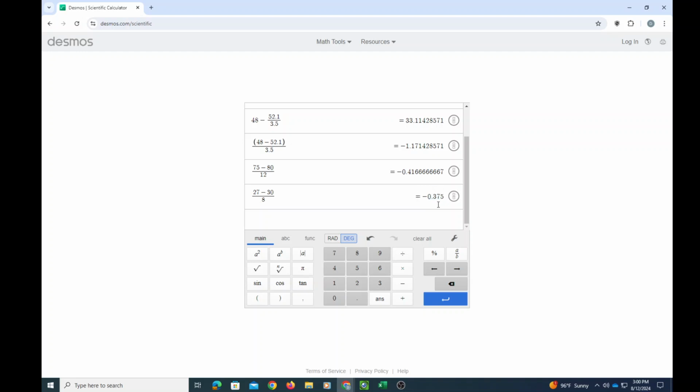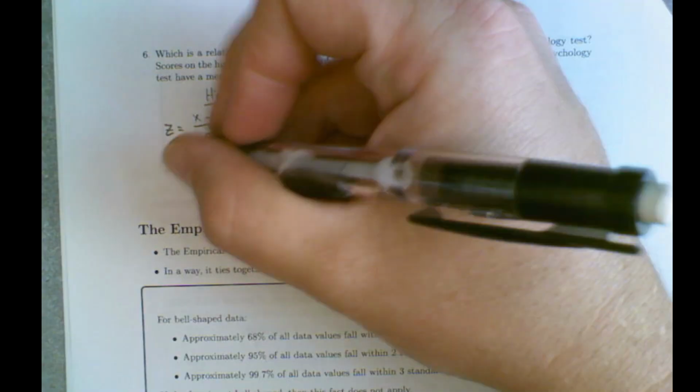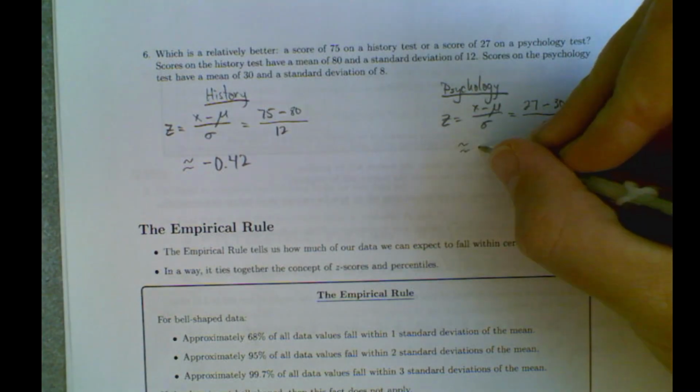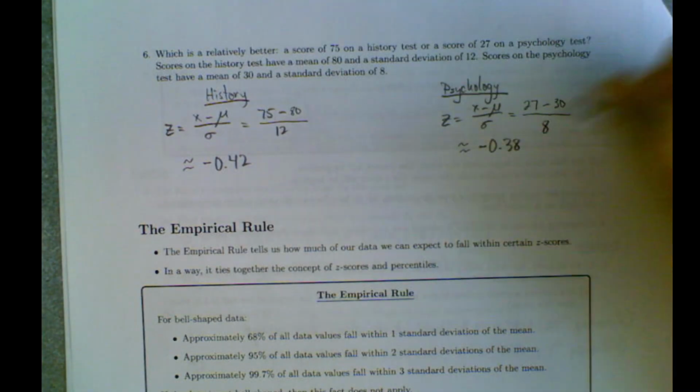That was for the psychology test, I think. But let's write these down. So again, rounding to 2 decimal places, we would say negative 0.42, and negative 0.38. So this is about negative 0.42, and this is about negative 0.38.